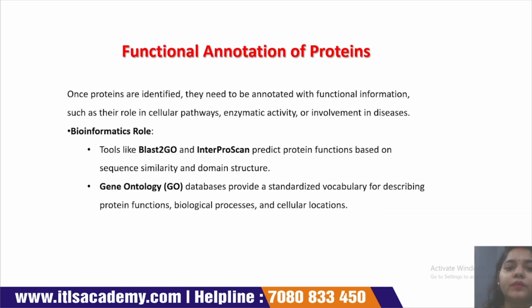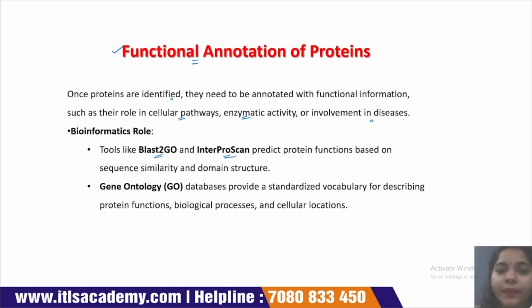Okay, now we discuss the functional annotation of protein. When proteins are identified, they need to be annotated with functional information, such as their role in cellular pathways, enzymatic activity, or involvement in disease. Okay, for understanding the functional annotation of proteins in bioinformatics, there are lots of tools available, such as Blast2GO.